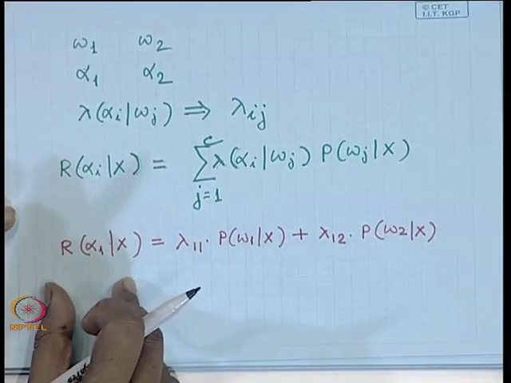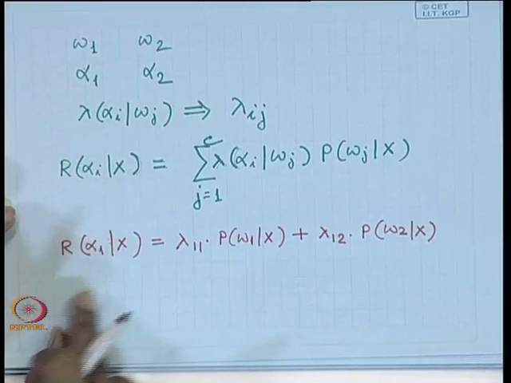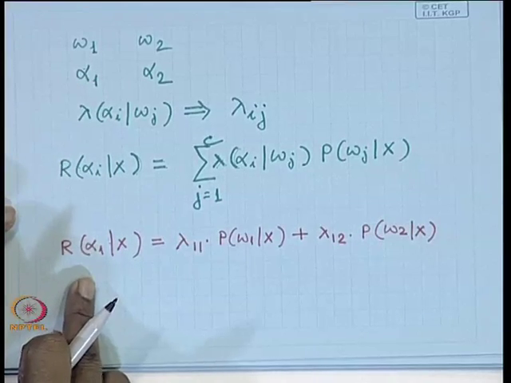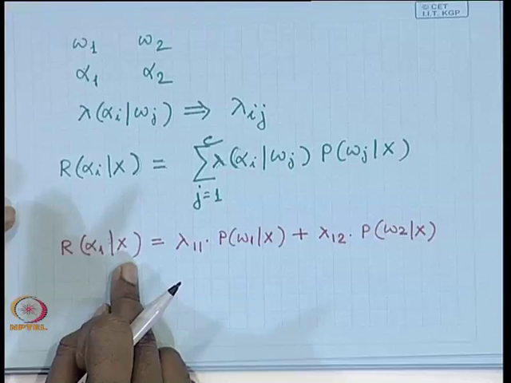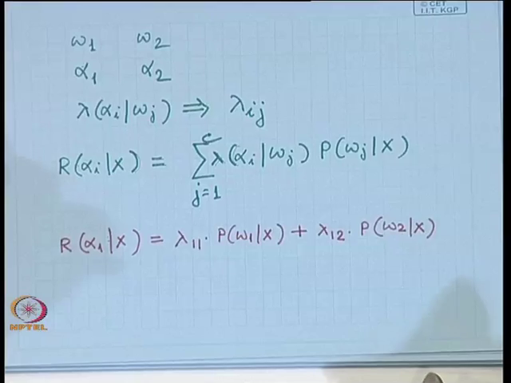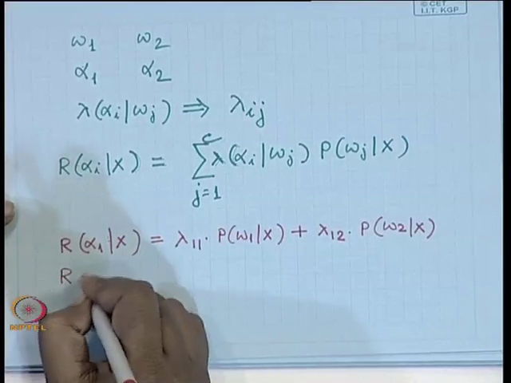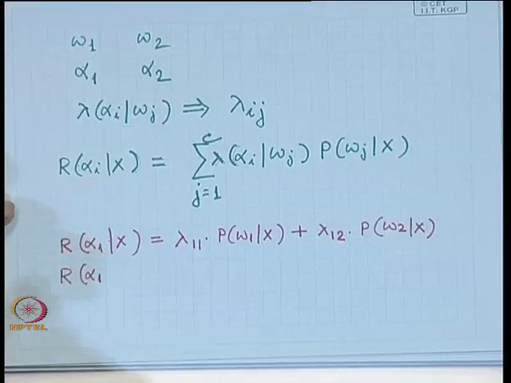If I expand the loss function, the expected loss for taking an action alpha 1 on an observation vector x, then this is the expansion of the expected loss function or the risk function. Similarly, I have the other option of taking action alpha 2. I can take one of these 2 actions.